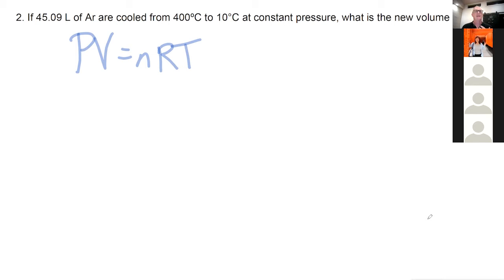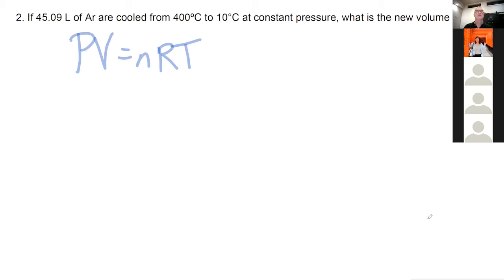I think it's really confusing for students and for myself. I have trouble remembering the relationship between pressure and temperature and volume. Do I divide? Do I multiply? But if I just have PV=nRT in front of me, I can derive it on the spot and figure it out. I'll show you what I mean.